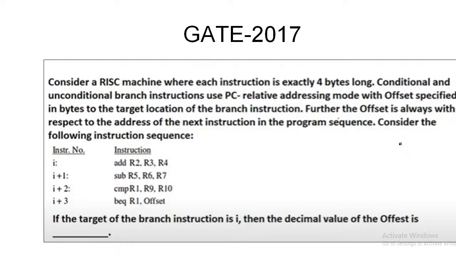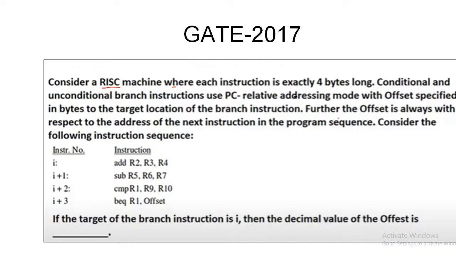Now this example is for your assignment part. You know, RISC is the reduced instruction set computer machine, and for this question each instruction takes exactly 4 bytes. You can read the question.